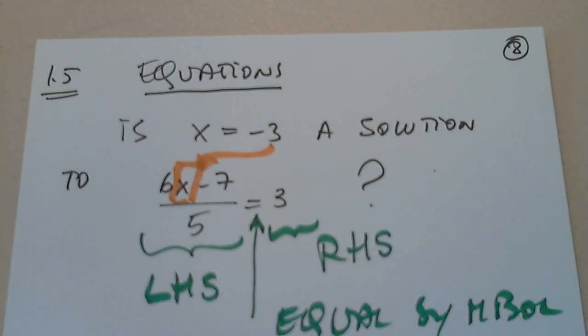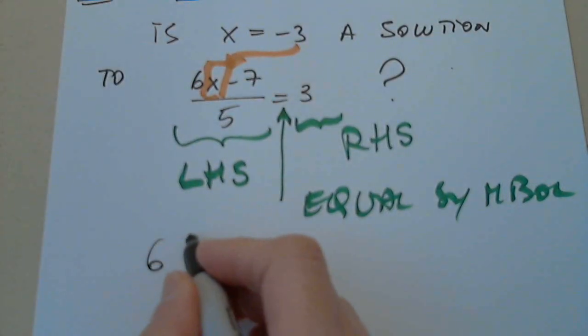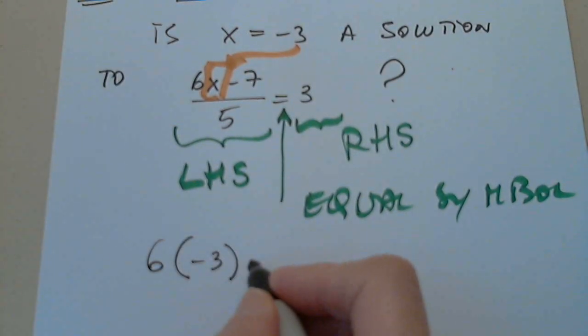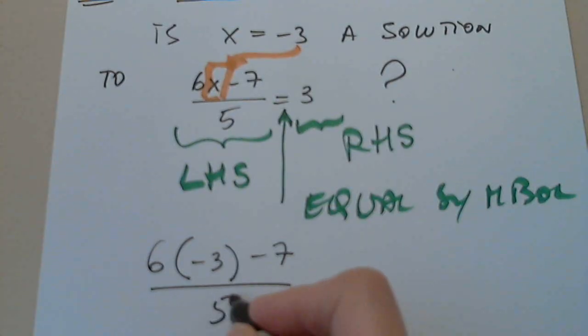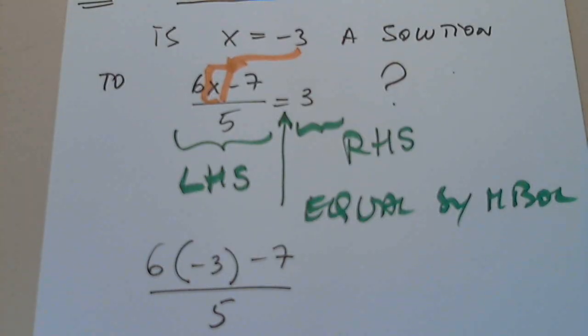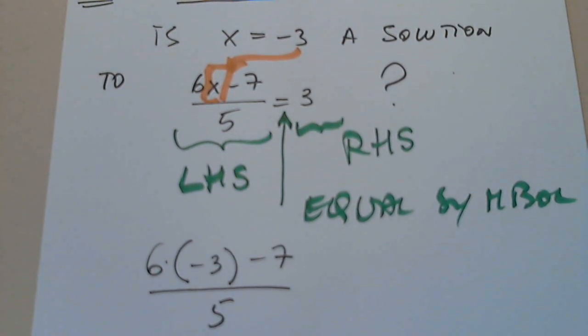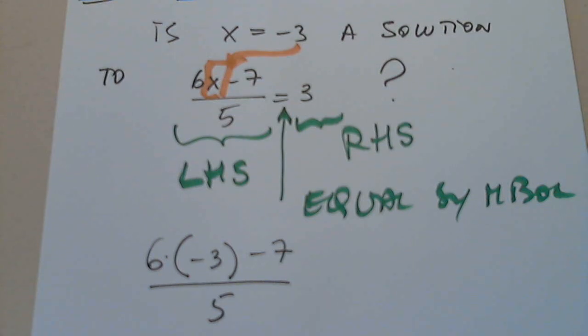So let's simplify the left-hand side, and I have to write it like this: 6 quantity -3 minus 7 over 5. So this is not parentheses because we don't have operations in there, but I cannot have the multiplication symbol and the negative symbol crashing. So which operation do we perform first?